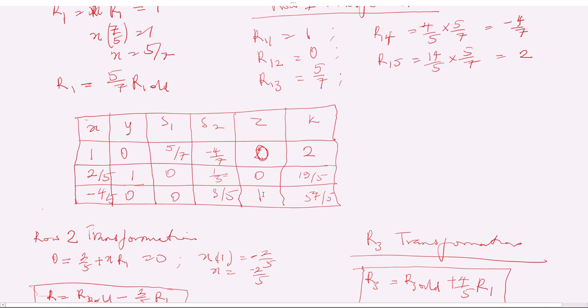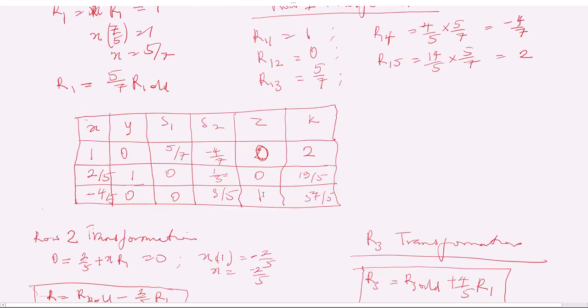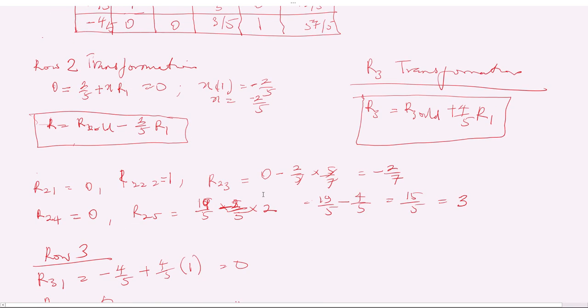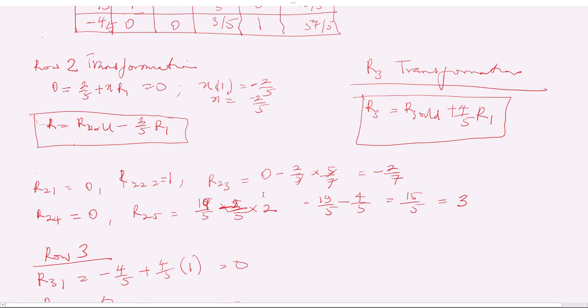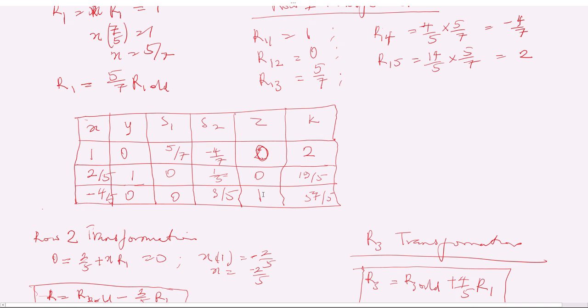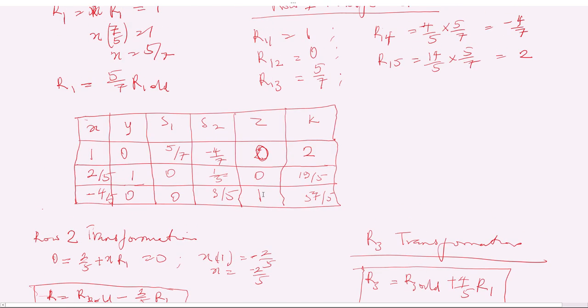So this is 0. Z is 0. Did I use the 1 over 5? I think out to 4. 1, 2, 3, 4, 5, 6. So I did for 1.